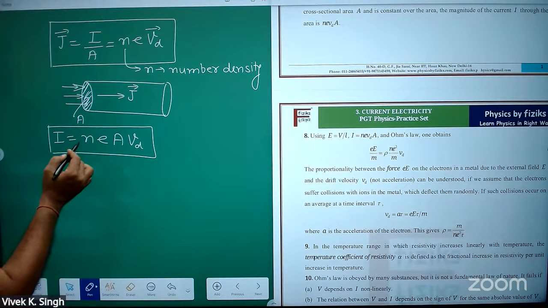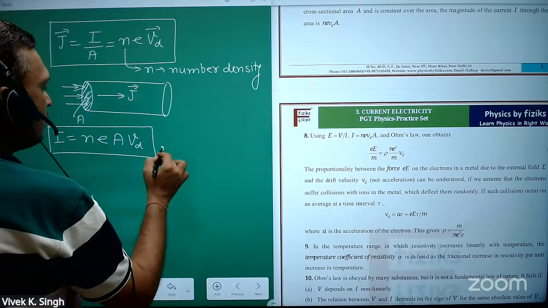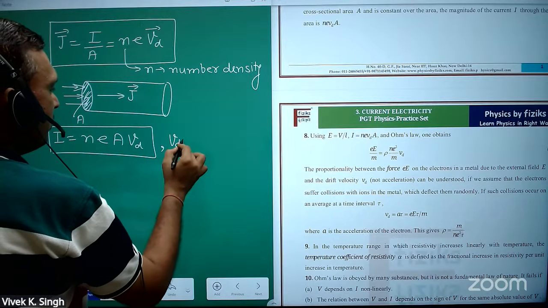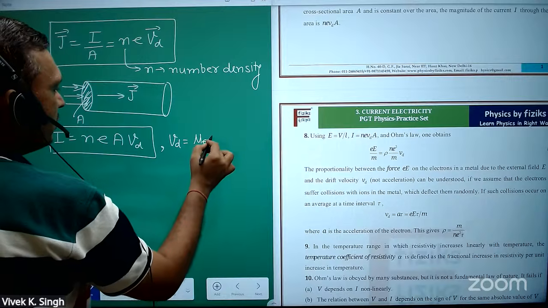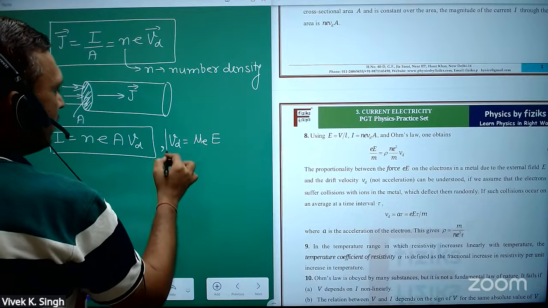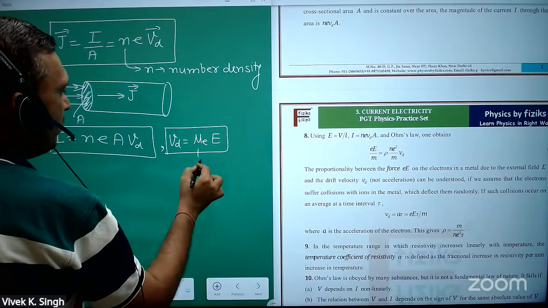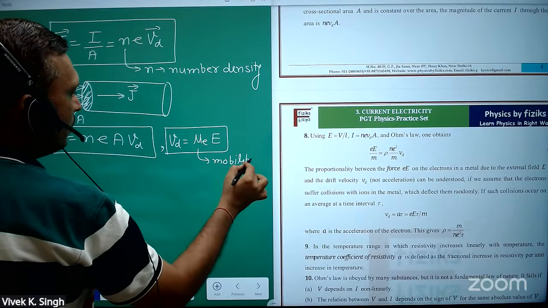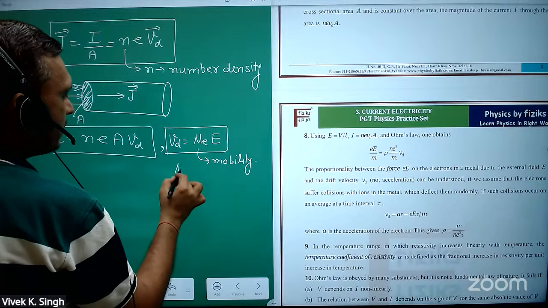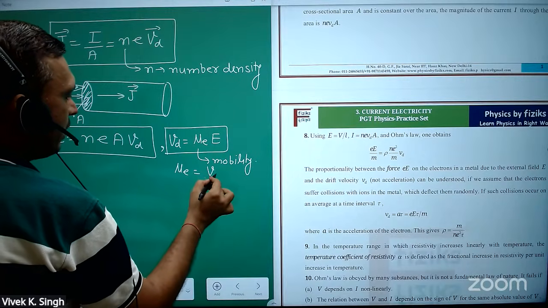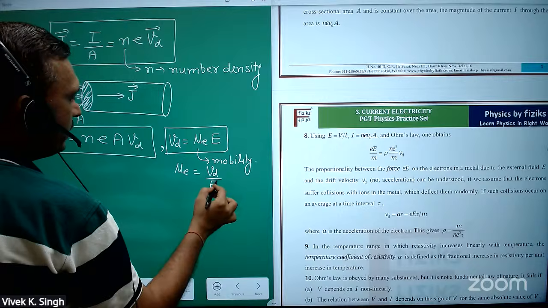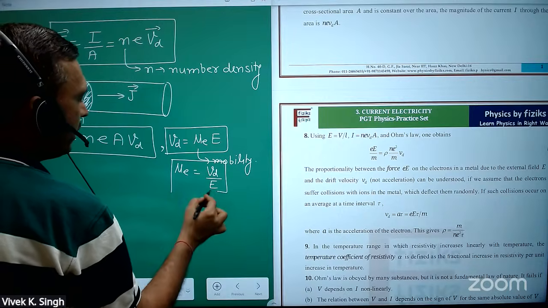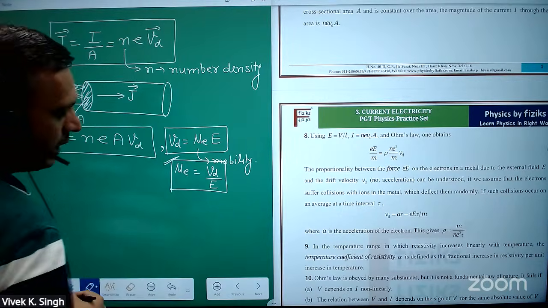Now, this vd is also given as mu_e into E. mu_e is mobility. Mobility is drift velocity per unit applied field.